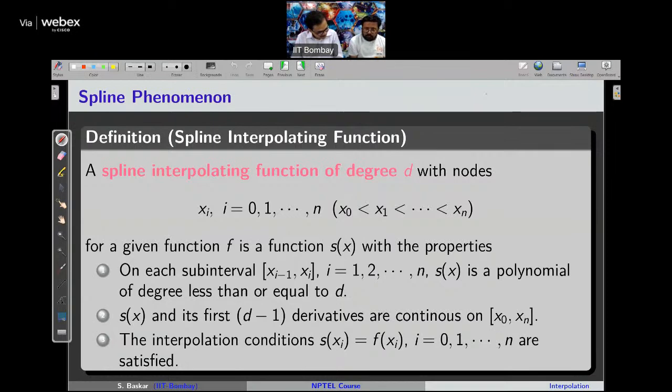Then S dash should also be continuous. Therefore, if you differentiate S from the first interval and also from the second interval, that gives you C. Again at 0, it should be continuous. But how will you find that C? By other points, you can get the equations S of minus 1 and S of 1.